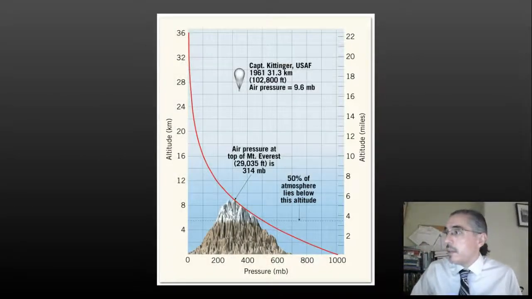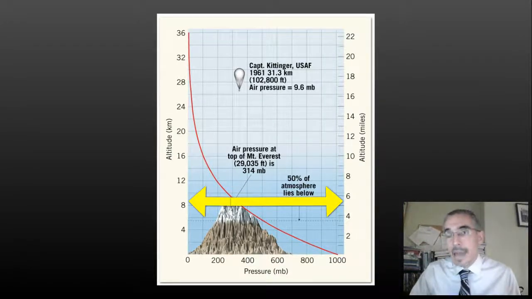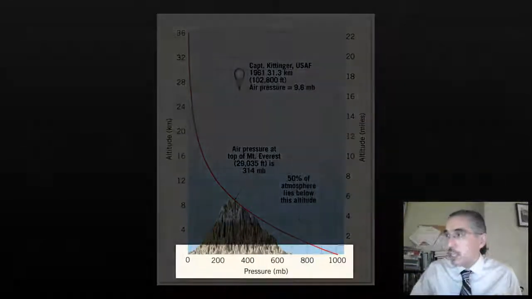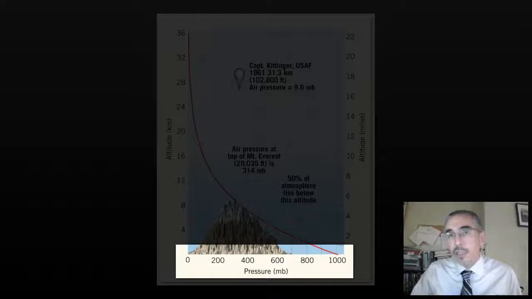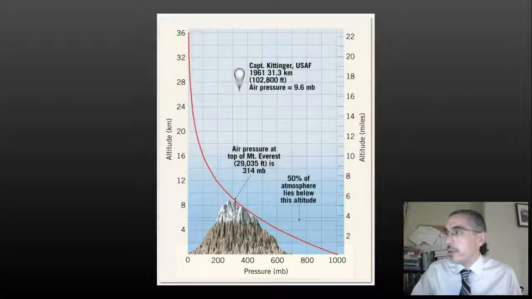You can see that the top of Mount Everest is about 9 kilometers, or about 5.5 miles, in altitude. The horizontal or x-axis shows air pressure in units of millibars. That's how we measure air pressure.